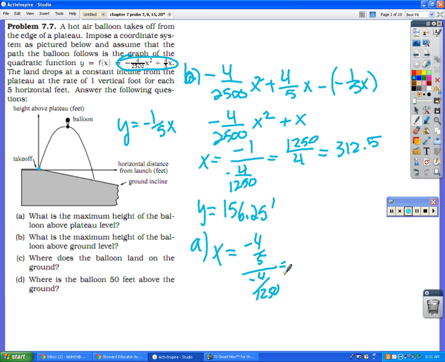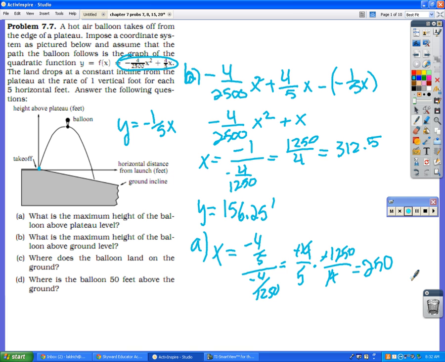What do you do when you divide two fractions? Multiply by the reciprocal, so I'm going to go negative 4/5 times negative 1250 over 4. Okay? So conveniently, the 4's cancel, the negatives cancel, and 1250 divided by 5 is 250.